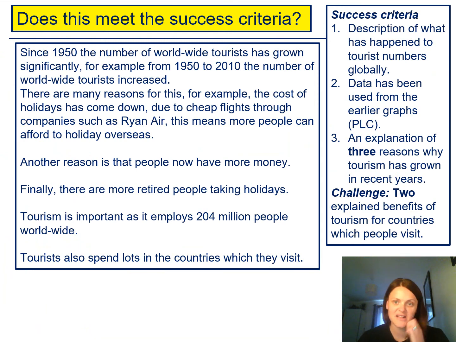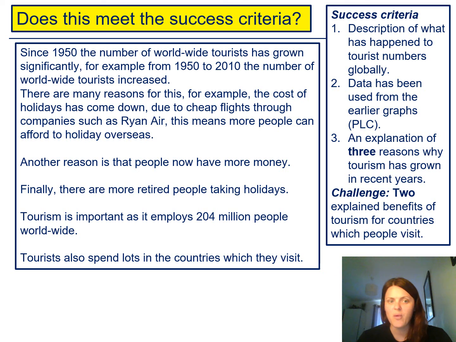Okay, let's read it and see if it meets the success criteria. Since 1950, the number of worldwide tourists has grown significantly. For example, from 1950 to 2010, the number of worldwide tourists increased. There are many reasons for this. For example, the cost of holidays has come down due to cheap flights through companies such as Ryanair.